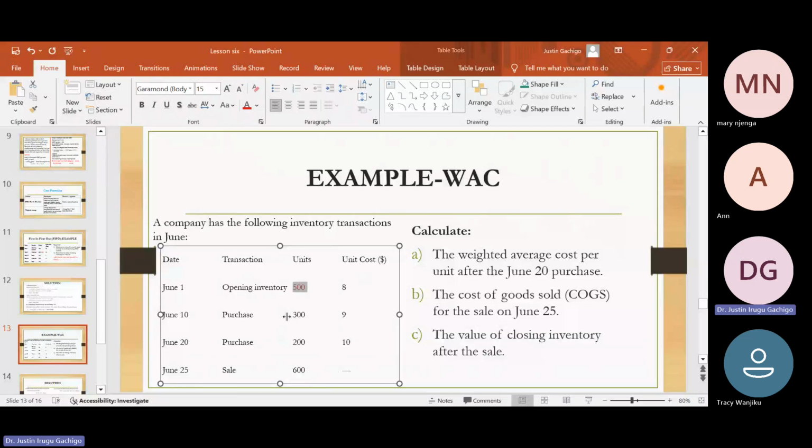Add this one, add this one, add this one. Those are the total units. So once you add this, then get the cost. The cost will be this times this, this times this, this times this. So divide total cost by the units.